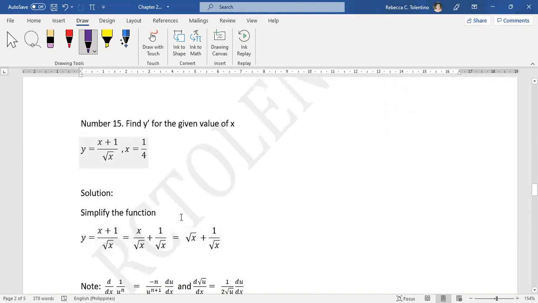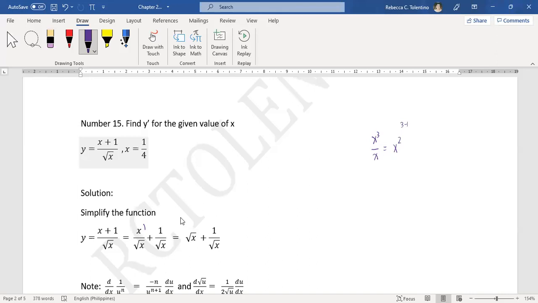Why is that? Because the exponent of x in the numerator is 1, while the exponent of x in the denominator is 1/2. Suppose you have x cubed over x. Then this becomes x squared. Why x squared? Because 3 minus 1 is 2. So what we do is we subtract the lower exponent from the higher exponent.